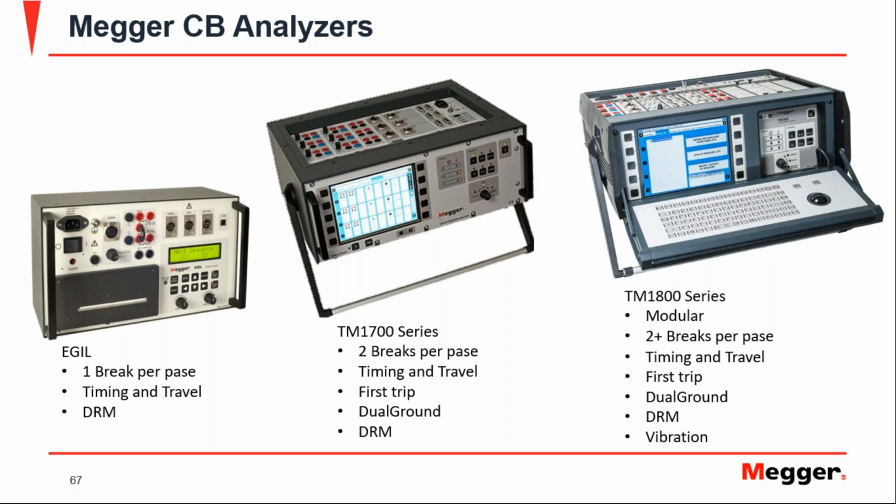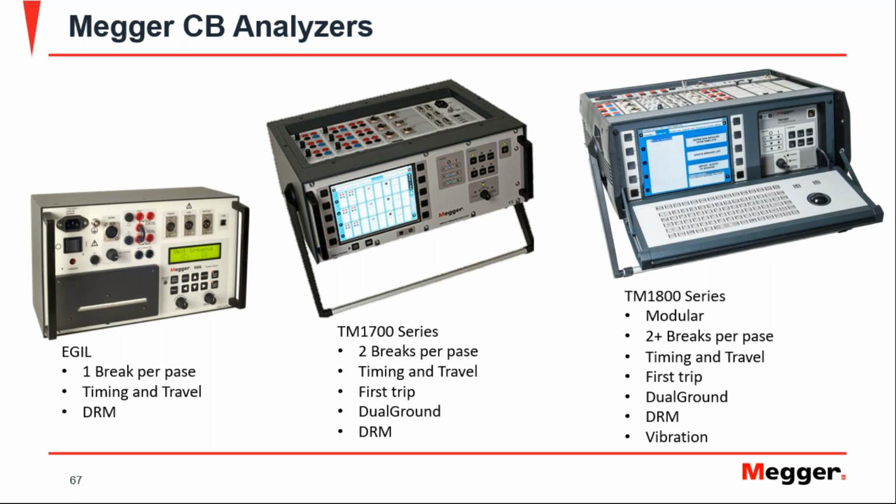Then we have the TM family, the TM1700 series and the TM1800 series, where you have 2 breaks. You can test 2 breaks per phase with the 1800. Of course, you can do timing and travel with both of them in the TM family. You can do first trip and dual ground, and you can do dynamic resistance measurement also for 2 breaks per phase and more.